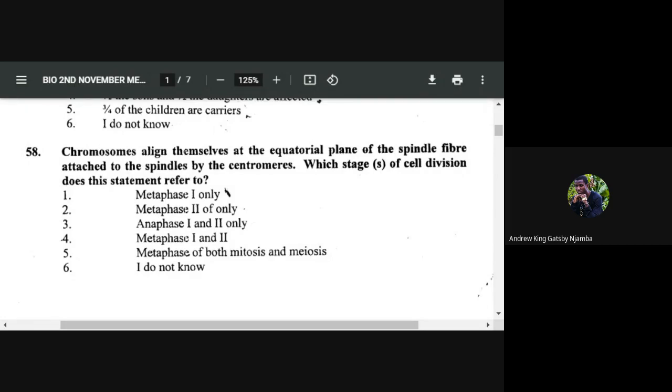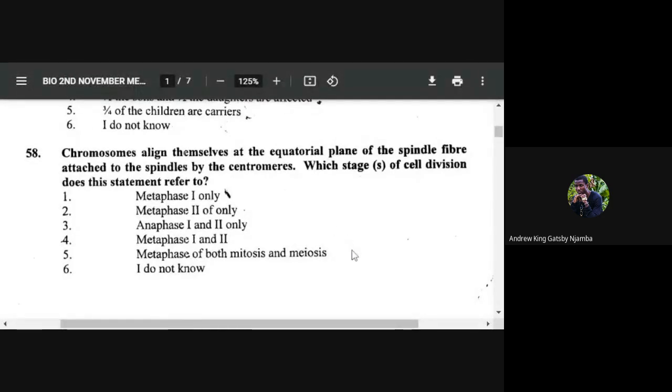One is responsible for paired homologous chromosomes, and we're only looking at chromosomes, not homologous chromosomes. That was the key term. I don't think we should waste time on it. So on number 58, the answer is supposed to be 2, metaphase 2.